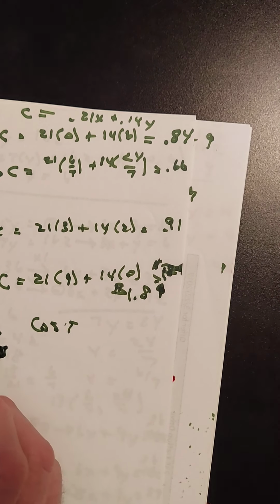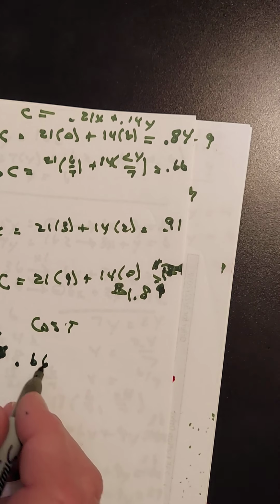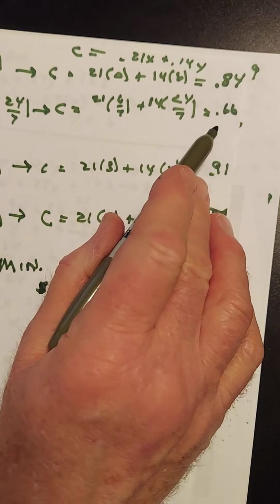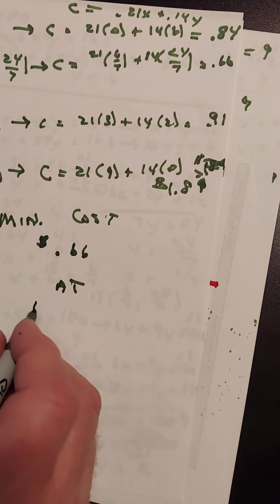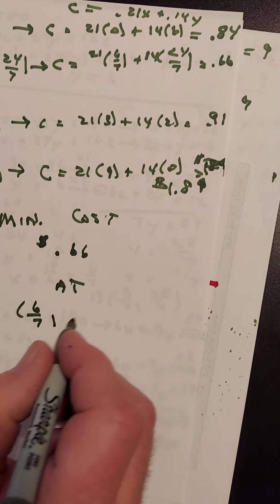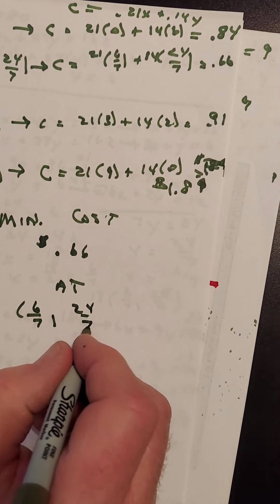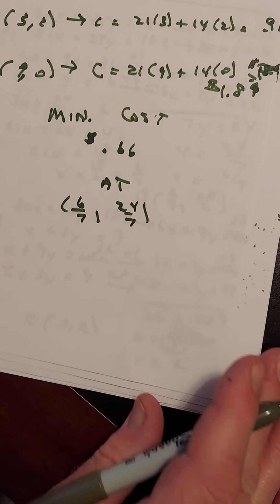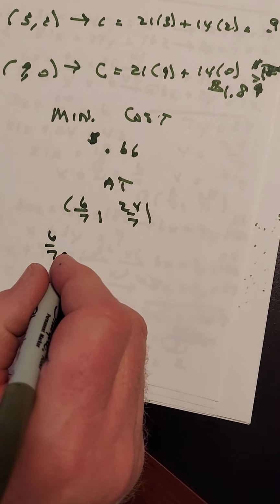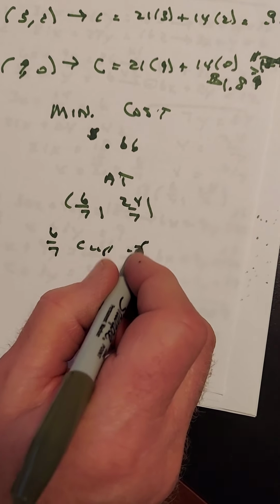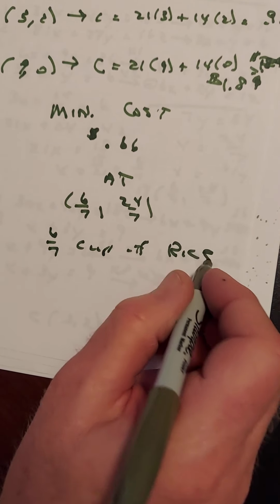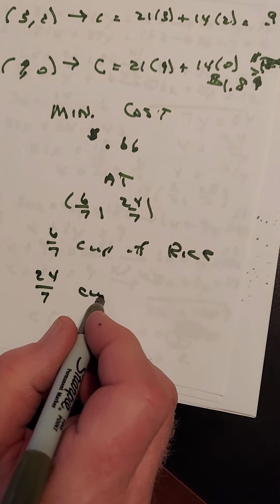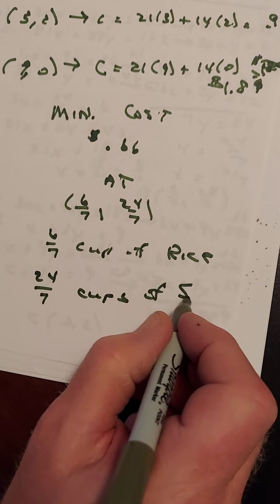So my minimum cost is 66 cents. 66 happened at, wow, 6/7 and 24/7. So that means we want 6/7 cup of, what was it, rice, and 24/7, that's 3 3/7 cups of soybean.